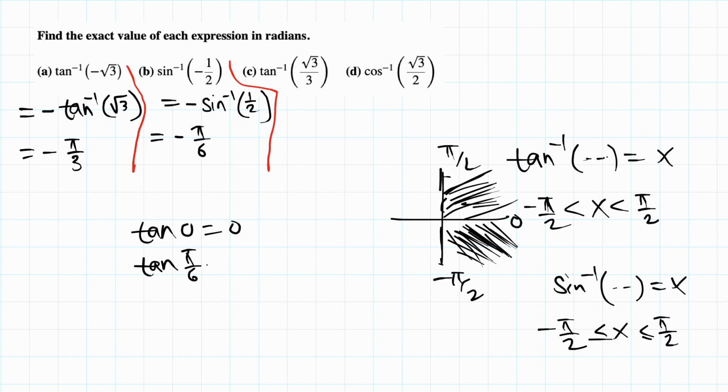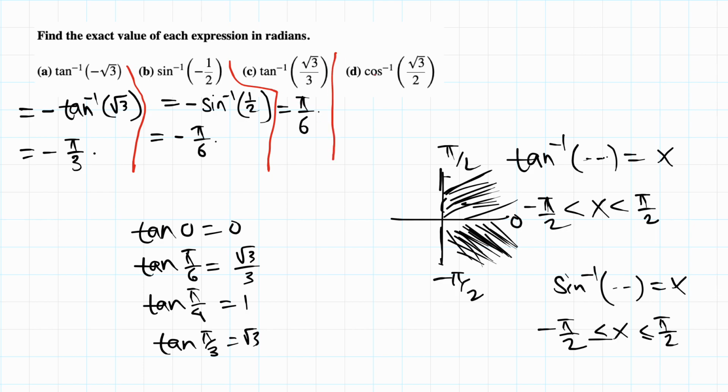Tangent of pi over 6, that's the 30, is root 3 over 3. Tangent of pi over 4 is 1. Tangent of pi over 3 is root 3. And tangent of pi over 2 is undefined. So root 3 over 3 is simply pi over 6, because tangent of pi over 6 is root 3 over 3.